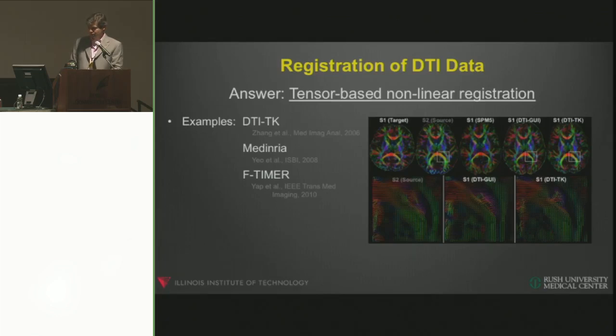However, if you look at the S1 DTI-TK in the top right corner, you see that within the rectangle we've done a good job at replicating the feature that we see in the S2 source image. So this is just a simple demonstration of what tensor-based nonlinear registration can do for you in terms of matching across subjects.